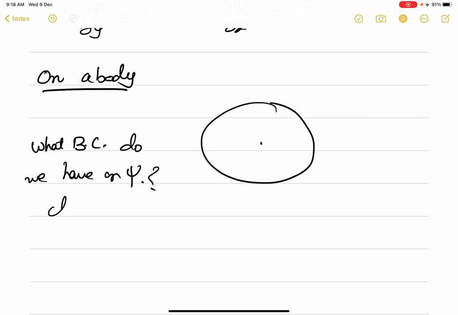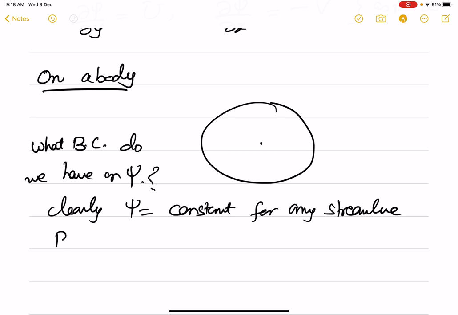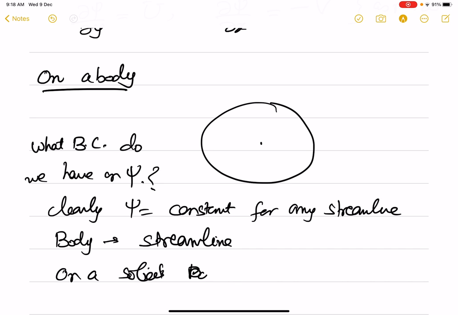Now clearly, as we have seen, psi is equal to constant for any streamline, and since the body represents a streamline as we have discussed, on a solid body the boundary condition will become psi is equal to constant.